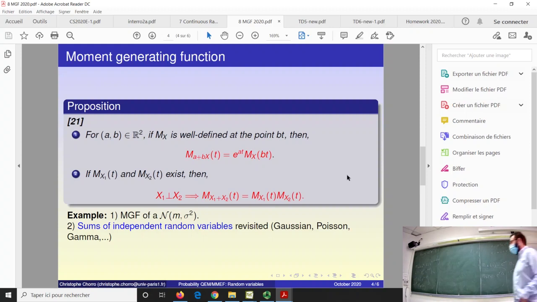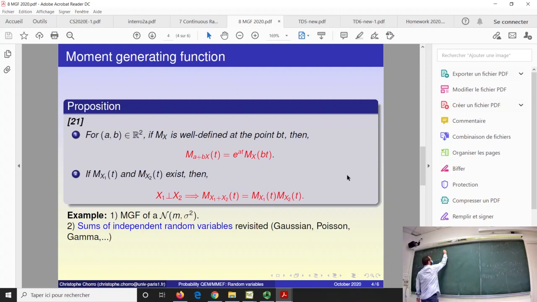So let's do the proof of this one. Do you have some question on what I have done here? Nothing to do, just basic properties of expectation here that allow me to do the computation in the case of N(m, sigma squared).